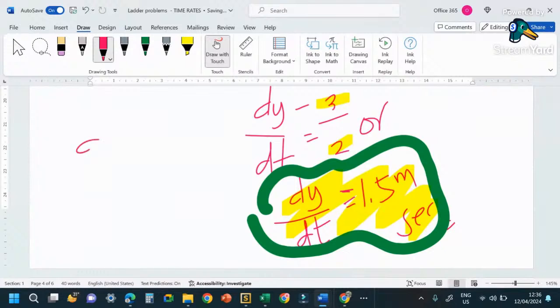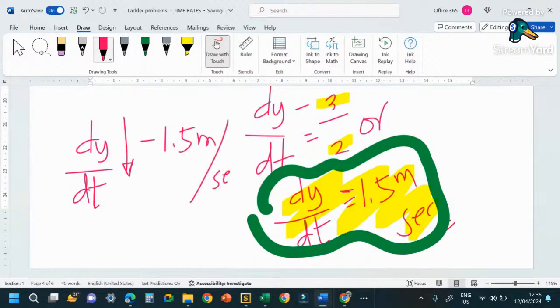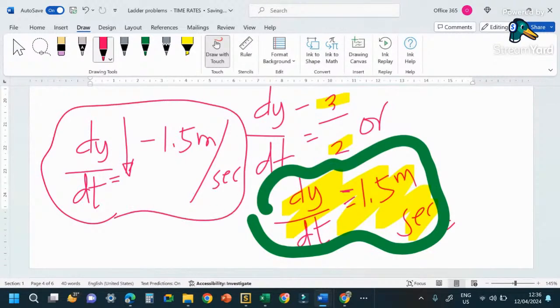Why is it negative? Because dy over dt is going down. That's why you have a negative 1.5 meter per second as the rate at which the top part of the ladder is moving down the vertical wall.